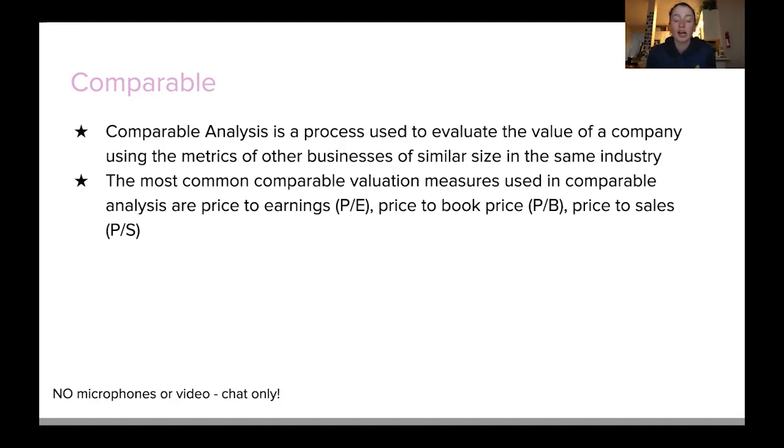So those are 3 common comparables you see. So benchmarking is more of your company to the overall industry. Comparables is your company to a similar company. So for example, if you're going to compare Nike and Adidas, that would be more of comparables, comparing 2 companies of similar size in the same industry.